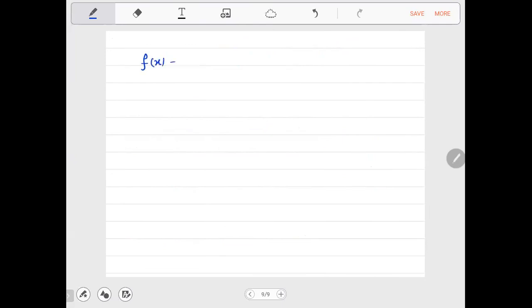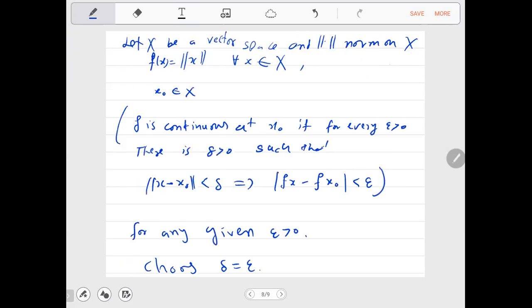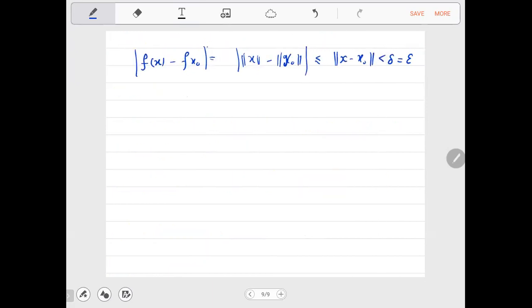Such that we have the absolute value of f of x minus f of x naught, that is equal to the norm of x minus x naught, and this is less than or equal to the norm of x minus x naught by the triangle inequality, and this is less than delta, and delta is equal to epsilon. So that means for any epsilon there exists delta positive such that this property holds true.